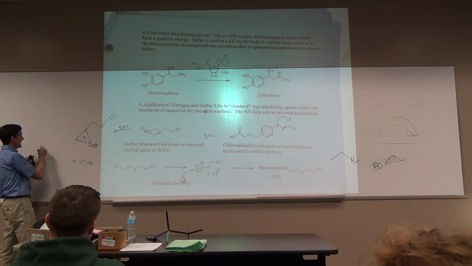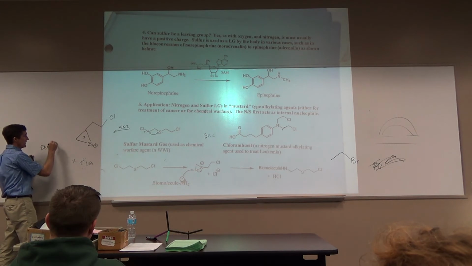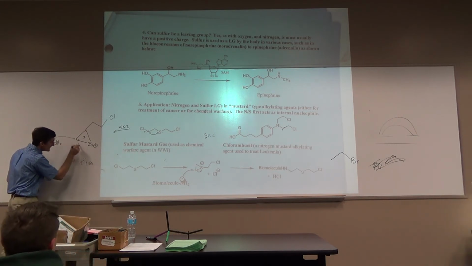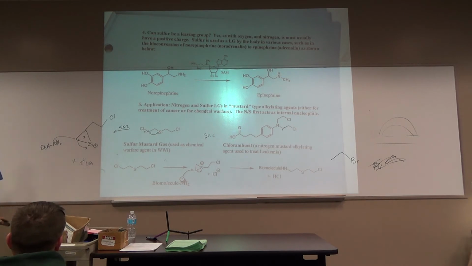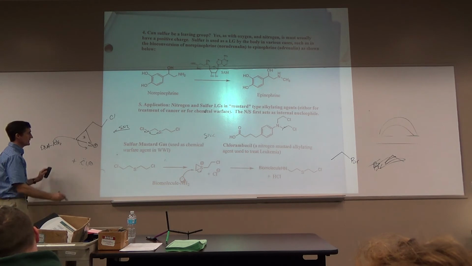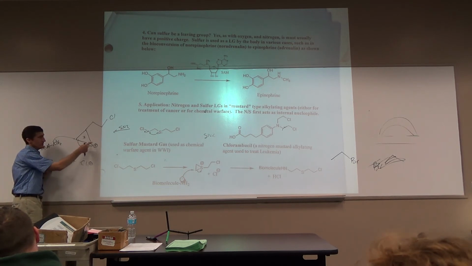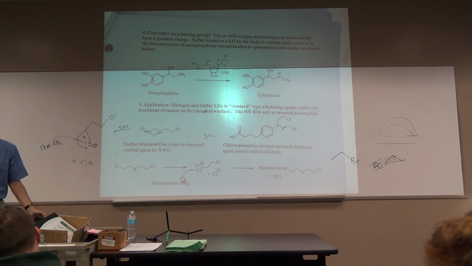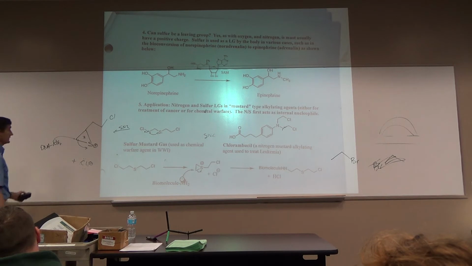Now your DNA or any other molecule which has amino groups comes in here and kicks this leaving group back off. And this is quite reactive, not only because it's a positive sulfur, but because the three-membered ring is opening back up. It's like, I didn't want to be a three-membered ring anyway, thank you.